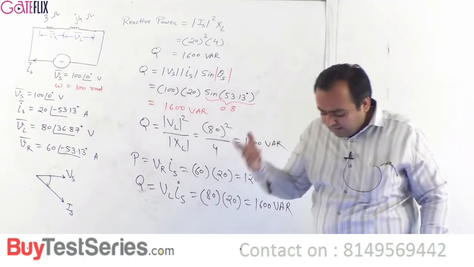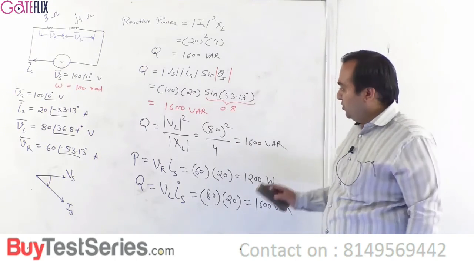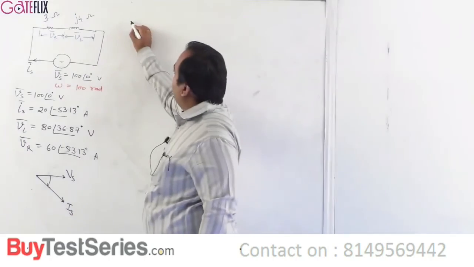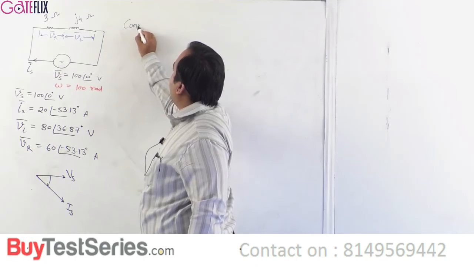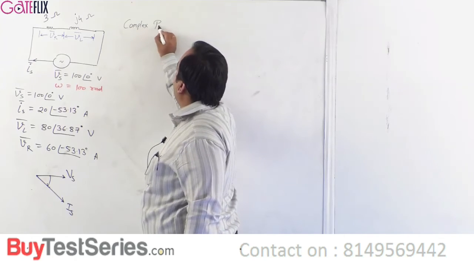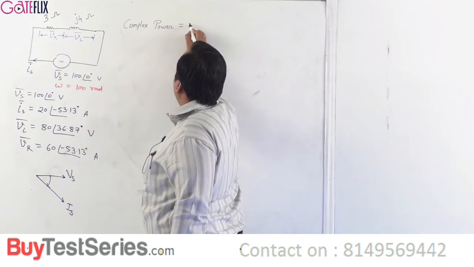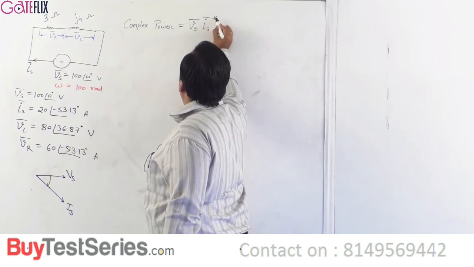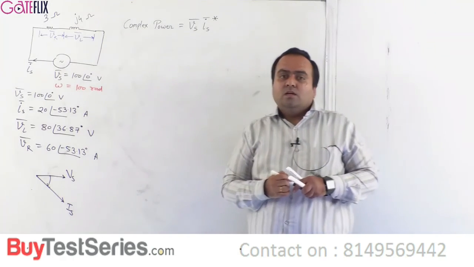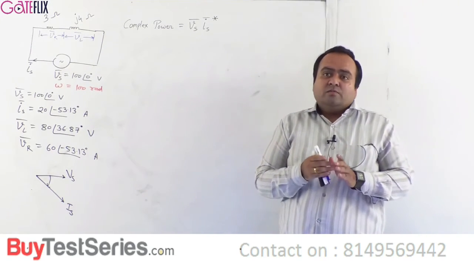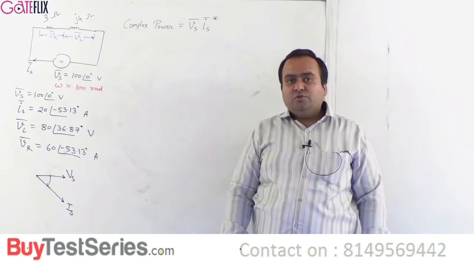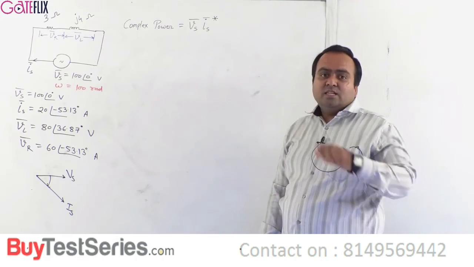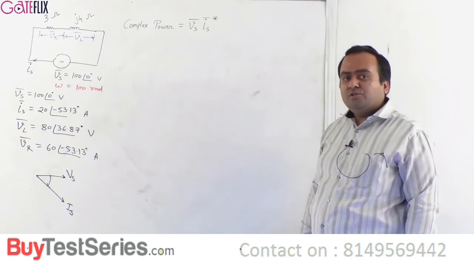Is this okay? There is one more way in which you can calculate this power, complex power. It is by definition Vs phasor times Is phasor conjugate. Now the question comes, why do we take the conjugate of this? Let me first tell you the calculation and then I will tell you why we take the conjugate.